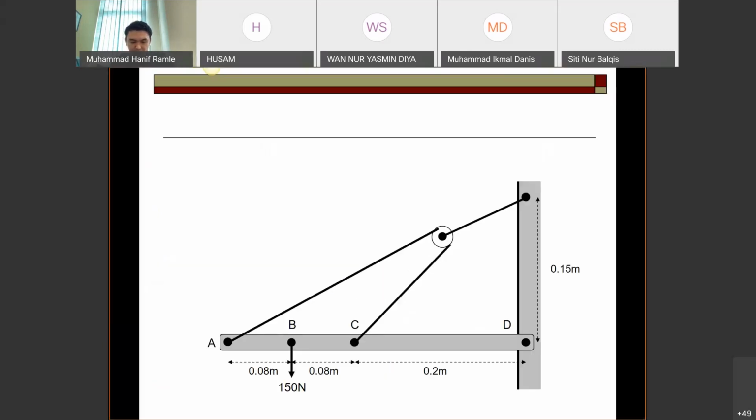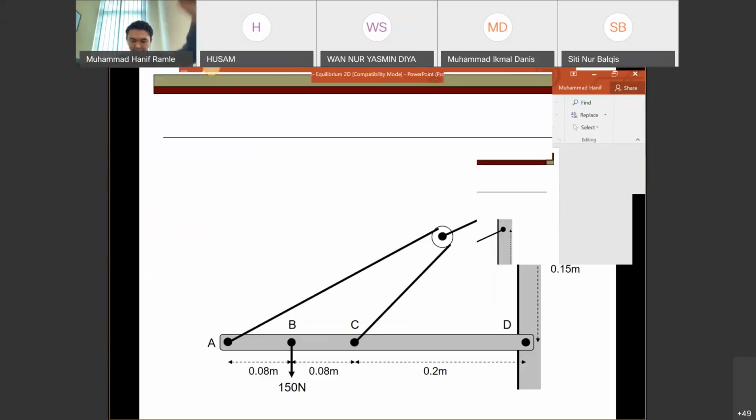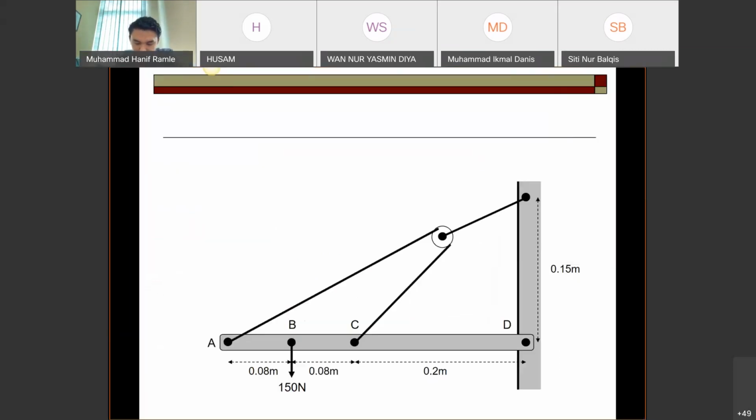Okay. So you have to draw the desired body, which is A, B, C, D. Wait now, give me 1 second. Draw it together with me.